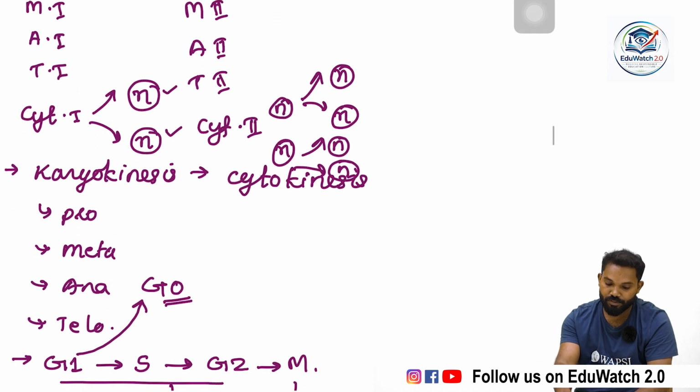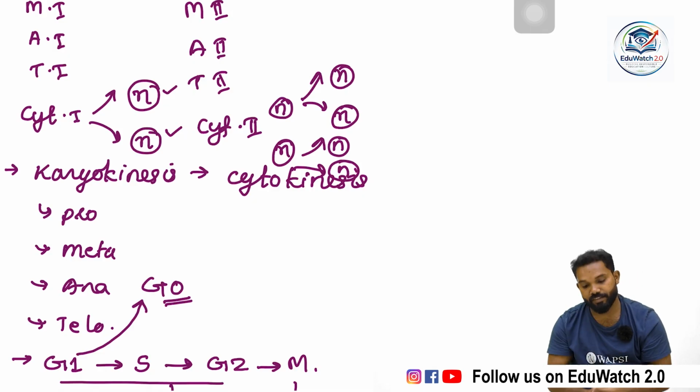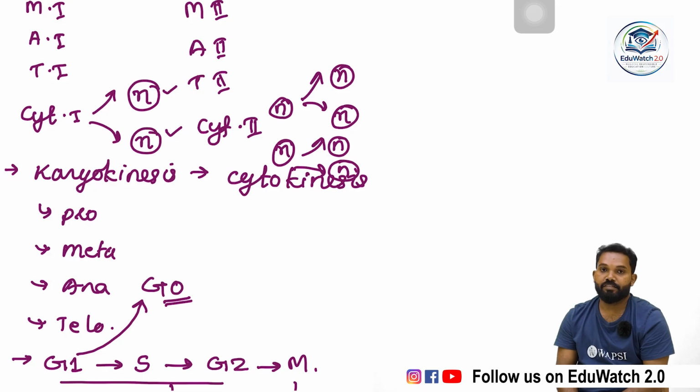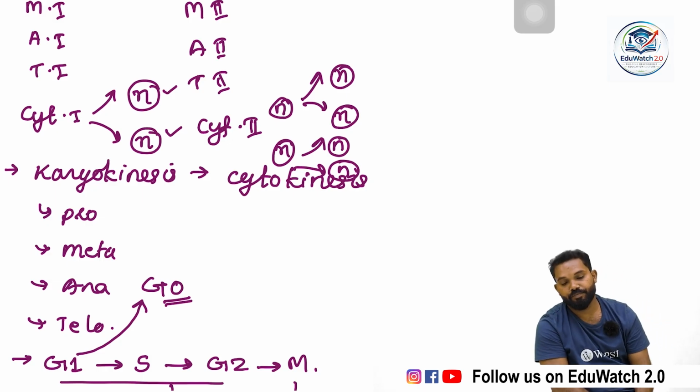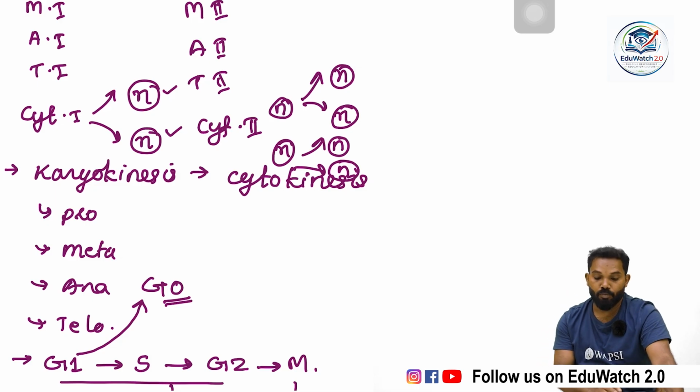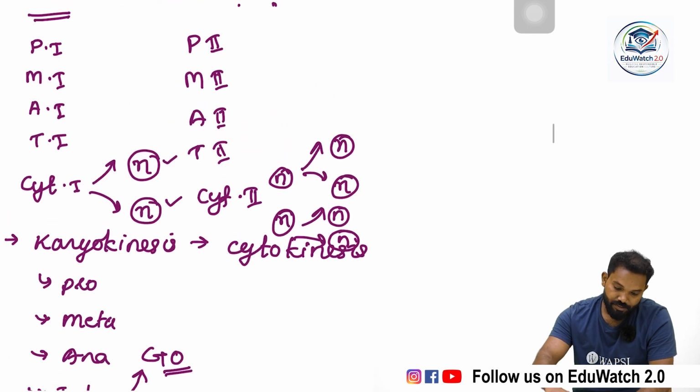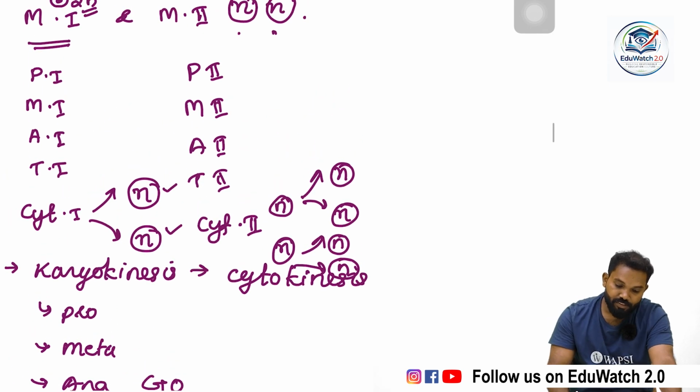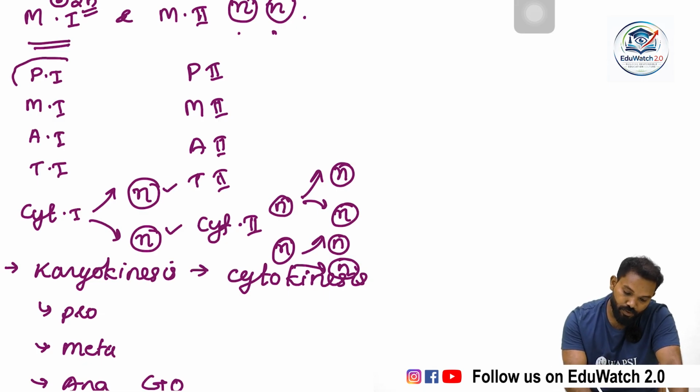But in the case of mitosis, there are only prophase, metaphase, anaphase, telophase and cytokinesis. Hence, which one is more complex, mitosis or meiosis? Basically, meiosis is a more complex process than mitosis. Among meiosis 1 and meiosis 2, the longest stage of meiosis is prophase 1.